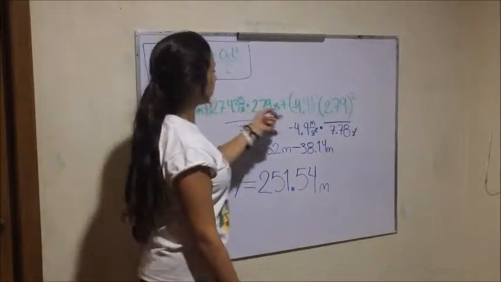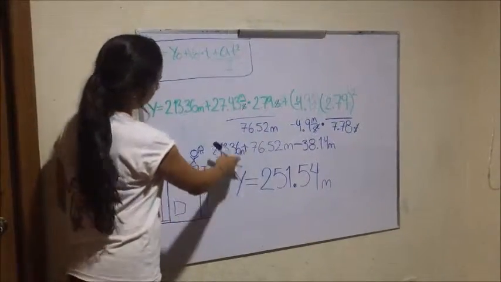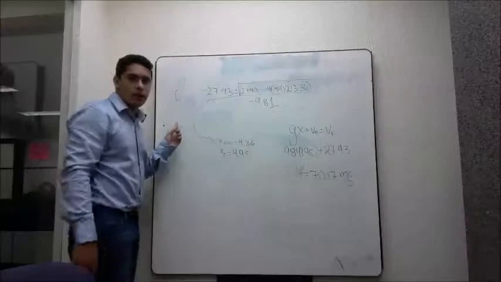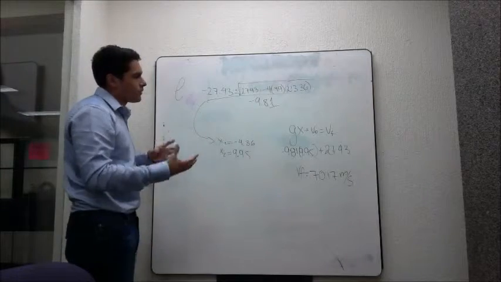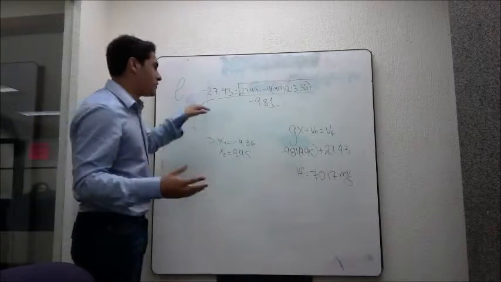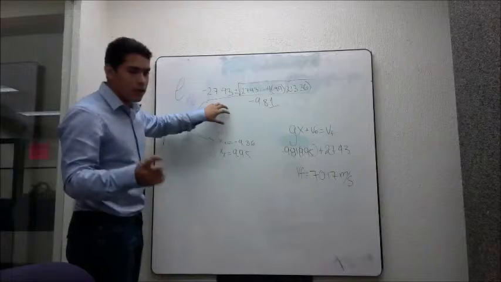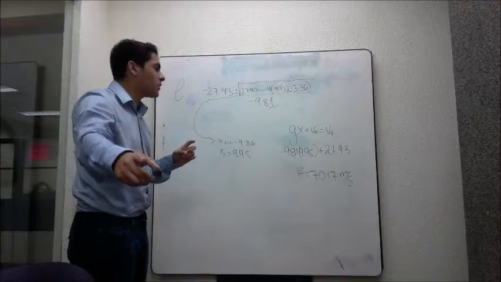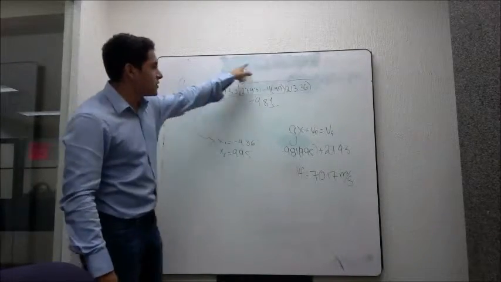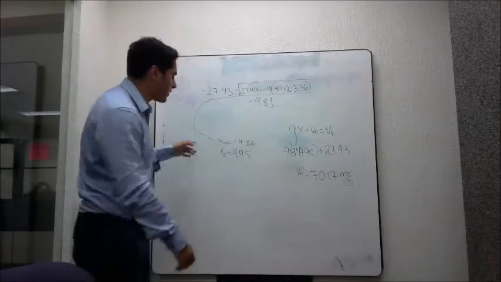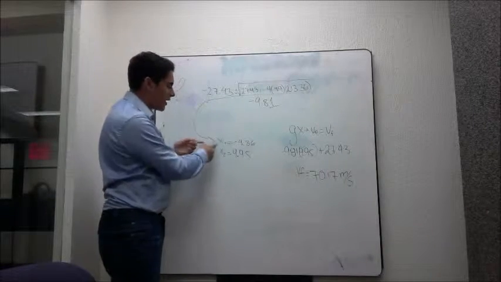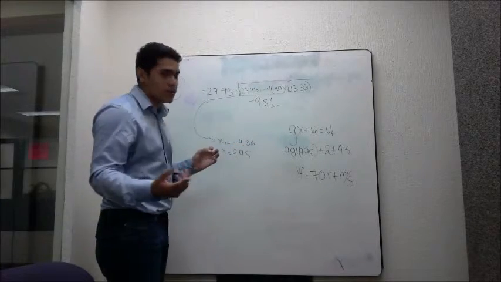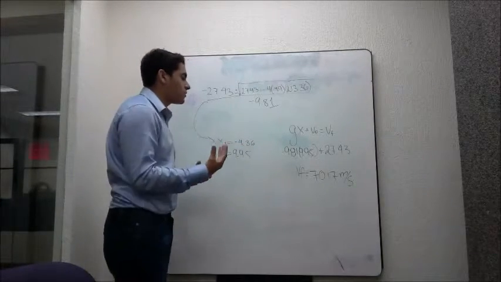So we can put everything in the formula, and then we can get y, and y is 251.54 meters. So we use the general formula from the first equation that was in point A. So this is the general formula, and the x that results, x1, is equal to minus 4.36, but it's negative, so we can't use it.